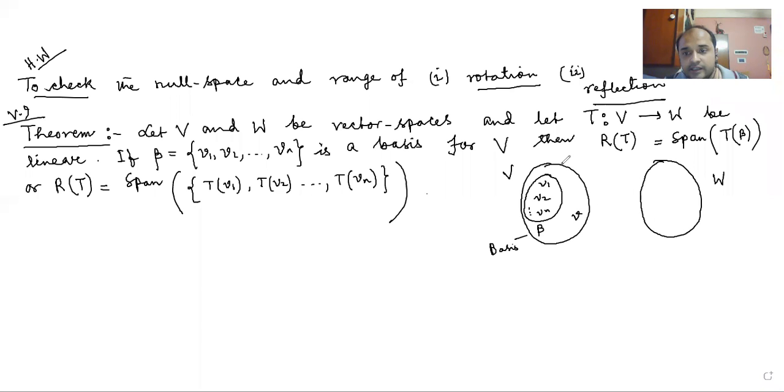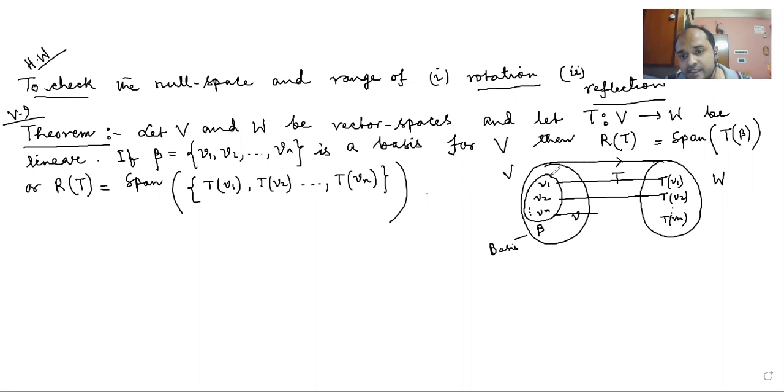Then if I define a transformation T from V to W, since V1, V2, Vn are elements of V, each of these points will have images in W. So T of V1, T of V2, and T of Vn will be there. All these points will have images over here.